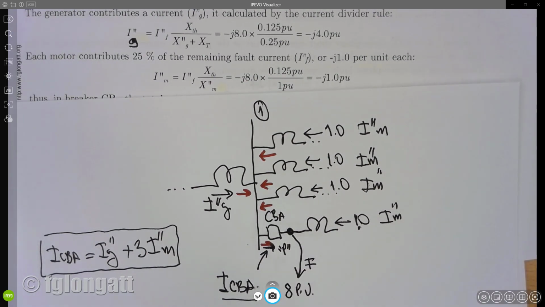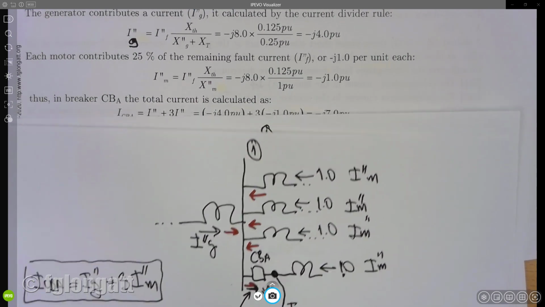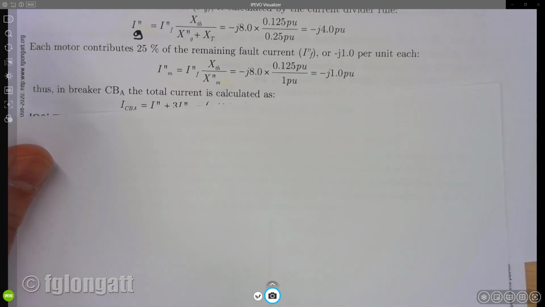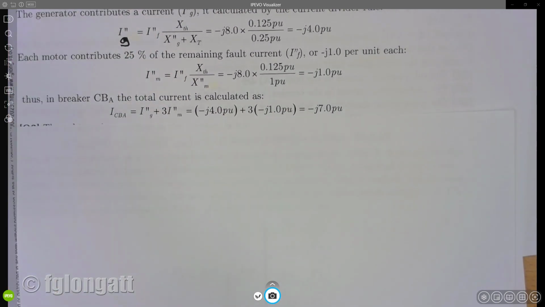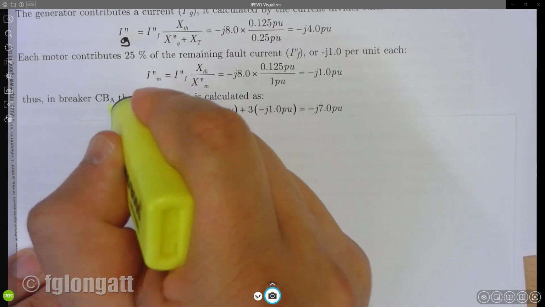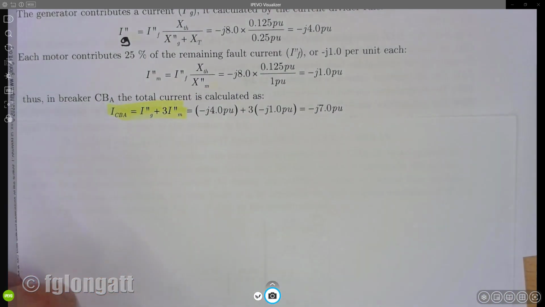Okay. What I present here right now is the explanation that I did before, but now my students can understand this equation because I explained using my circuits. The current that is moving through the circuit breaker is the contribution coming from the generator plus 3 times the contribution of the induction motors.